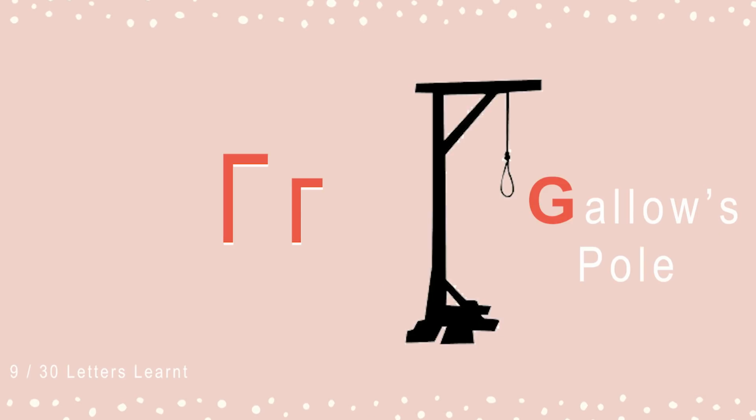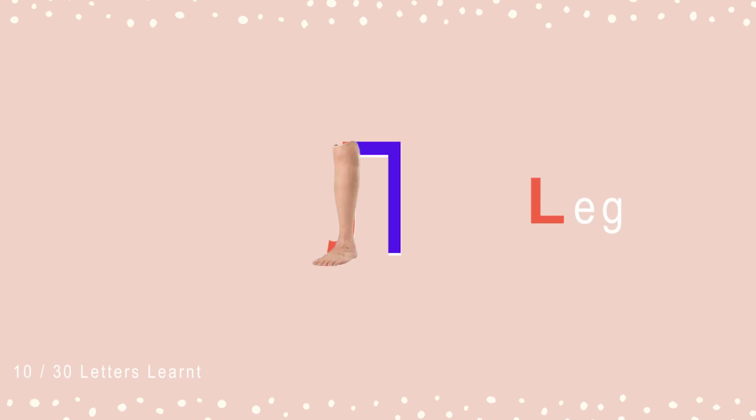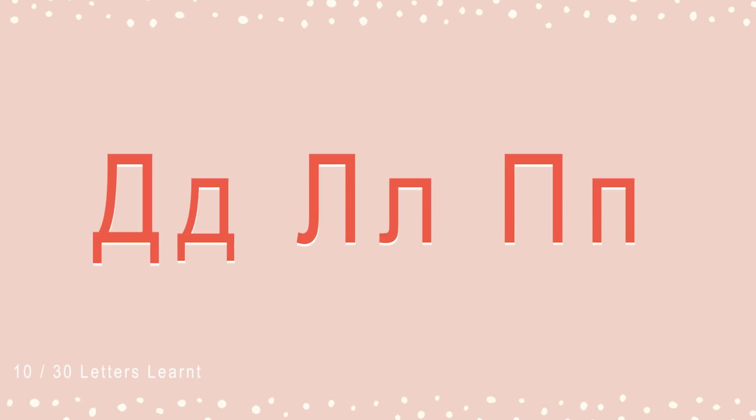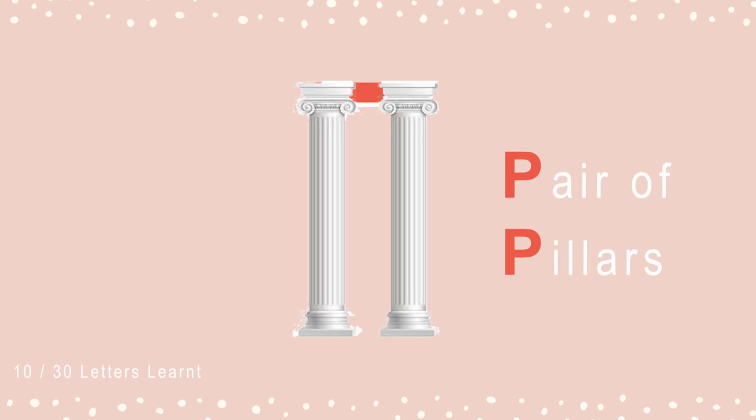And then you have D and L. And I'm gonna group P as well. L sort of looks like an upside down L with a little leg or a long tail. Or you could say that it looks like a pair of legs that's walking away. This letter on the right is P, and it looks like a stagnant pair of pillars.